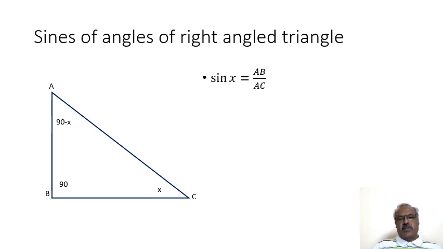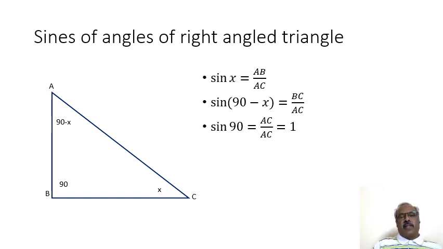So this is what is sine of x. Similarly, sine of the angle 90 minus x would be BC upon AC, and this gives us sine of 90 equals AC upon AC, because the side opposite to angle 90 is the hypotenuse. So this automatically gives us the ratio sine 90 equals 1.